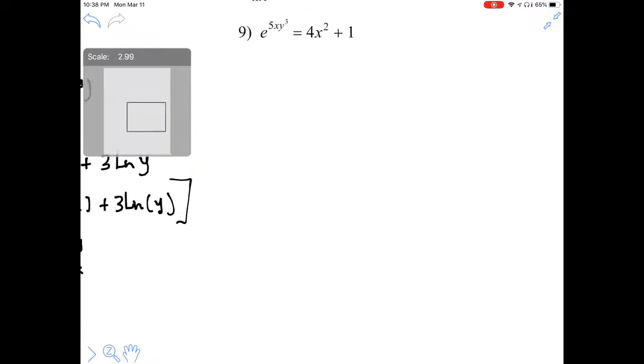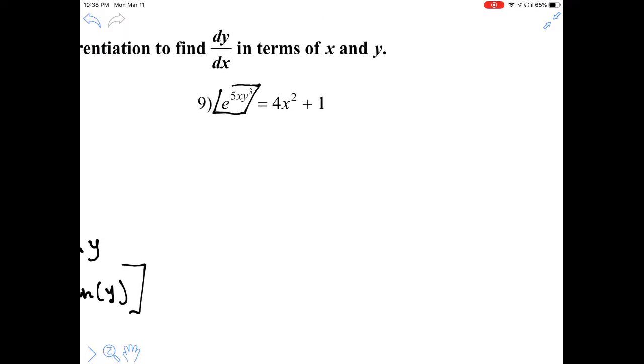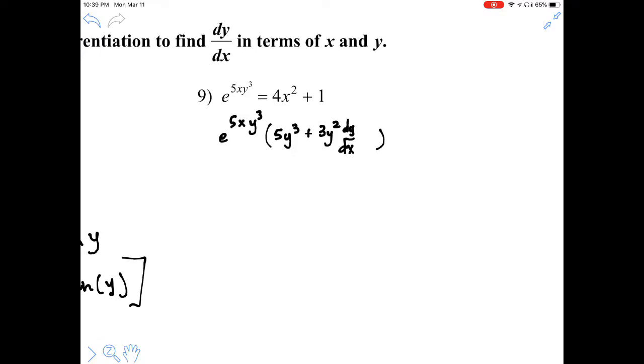Now, question number 9 is a bit of a tricky one, specifically because of that term right there. Here's one way you could think about this. The derivative of e to some power is e to that power multiplied by the derivative of that power. Now the problem is that power is a product, so you'd have to use the product rule: f prime times g plus g prime times f, and because that's implicit differentiation, we need dy dx.